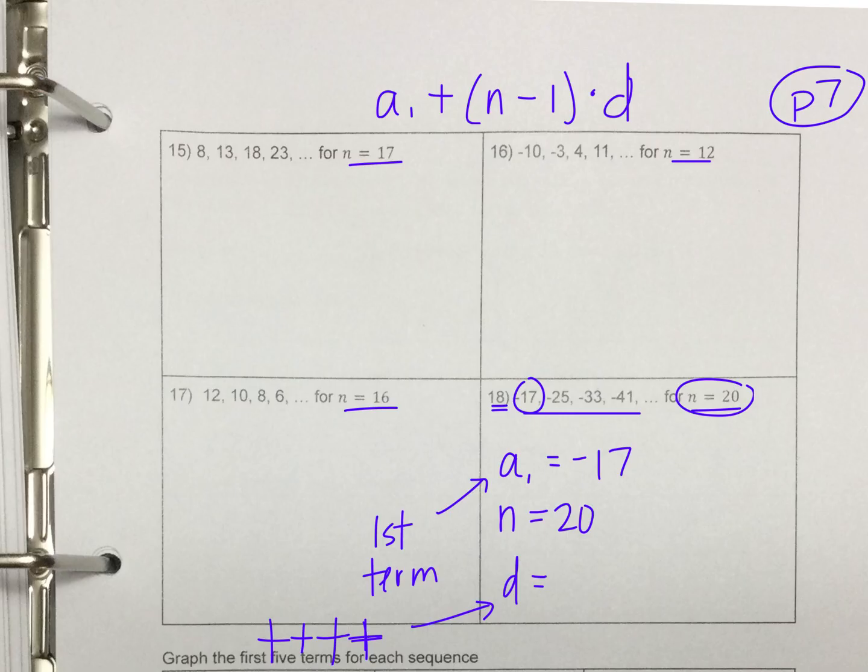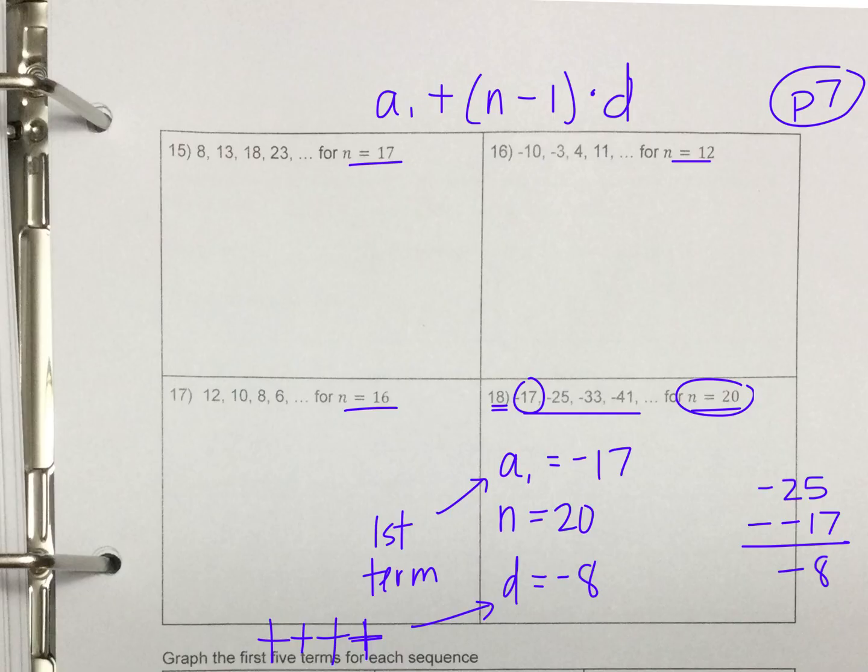This one's a little tougher, so you take the second term and subtract it from the first term. So negative 25 minus negative 17 is a negative 8. So my D is a negative 8.